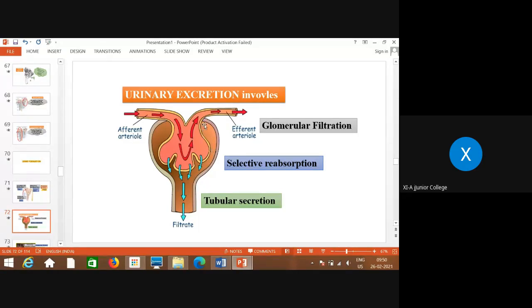The inner is the visceral layer, the outer is the parietal layer, and the space between them is called the capsular space. The filtrate comes into the capsular space, and through the neck region it enters the PCT.